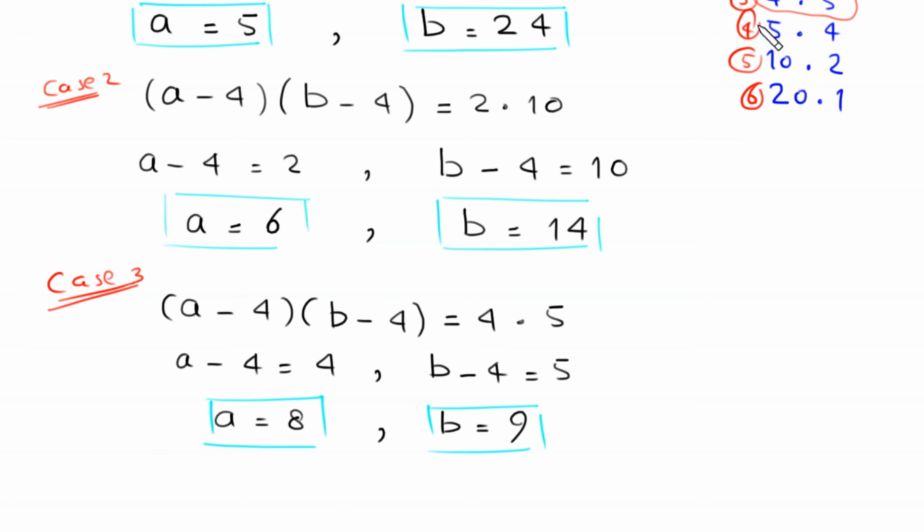Now we solve this fourth case: 5 times 4. In case number 4 we write these factors: a minus 4 times b minus 4 equal to 5 times 4.